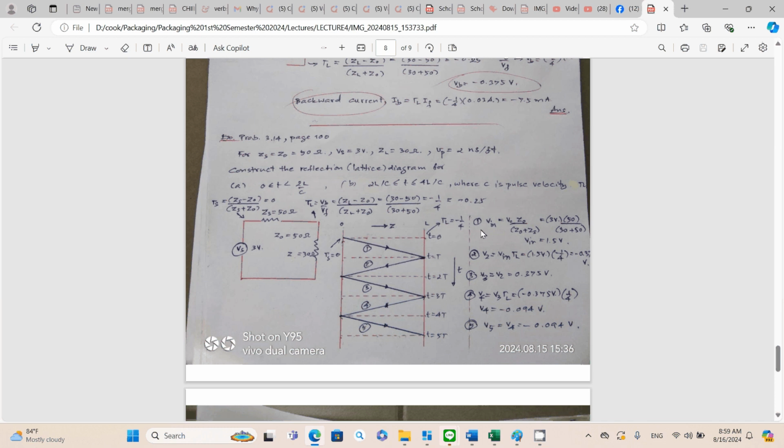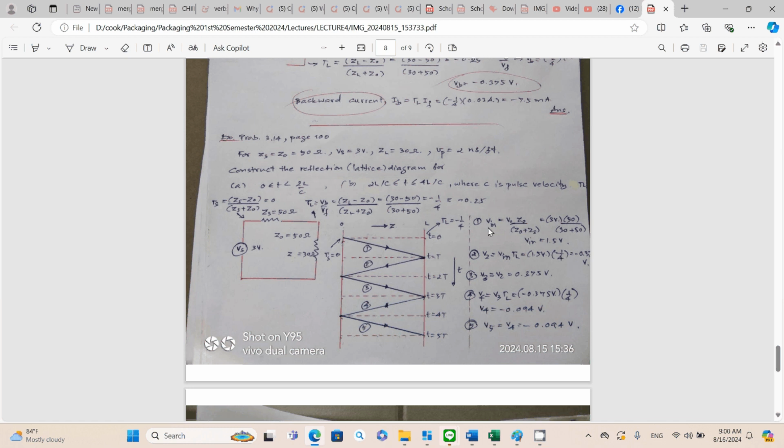So your V1 simply becomes Vin, that's also a voltage divider. Your source voltage is 3 volts here, and your characteristic impedance is 50 ohms, and your source impedance is 50 ohms.